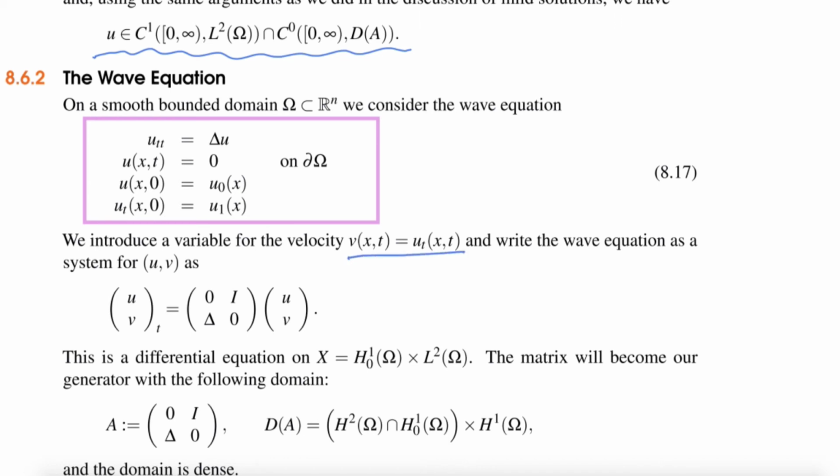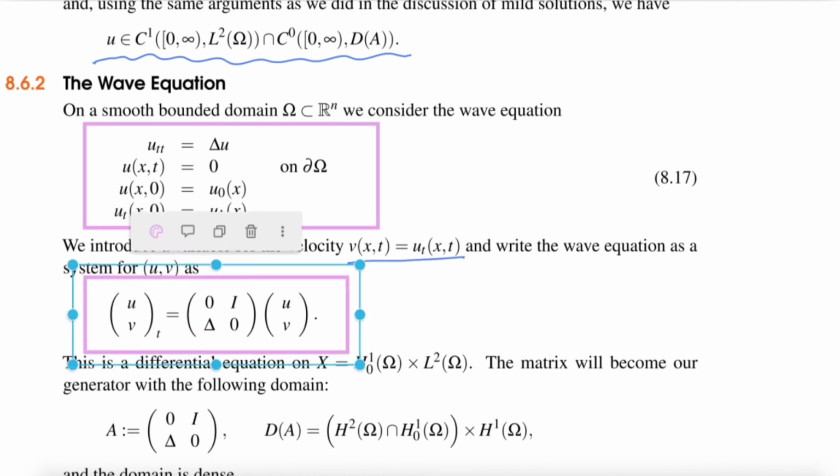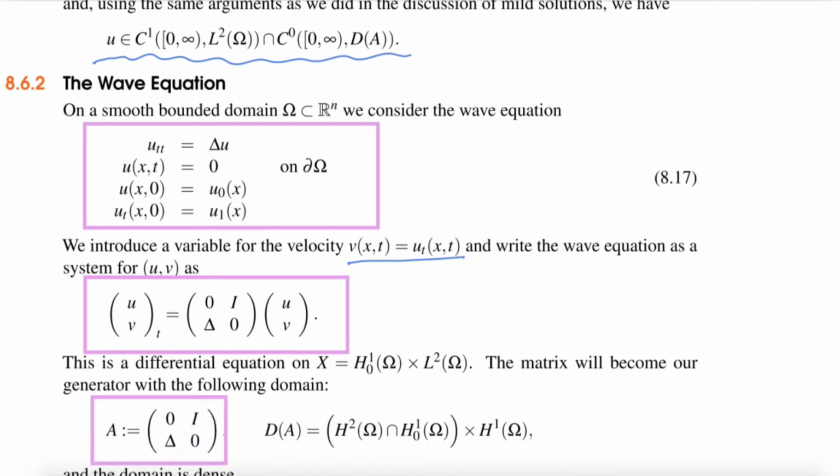So v is u_t, and then I can write the wave equation as a system for (u, v). So then I have (u, v)_t equals a matrix times (u, v), and this matrix is (0, 1; Laplace, 0). So I just put a differential operator inside a matrix. And this matrix here will become our generator A with the domain of definition here.